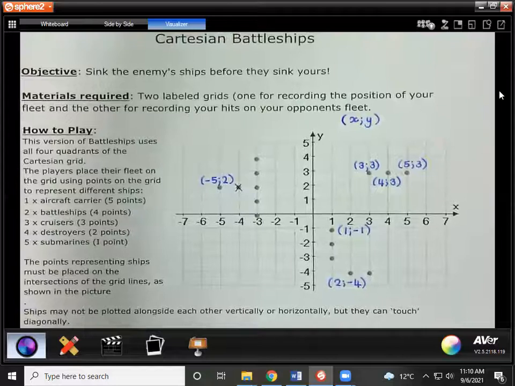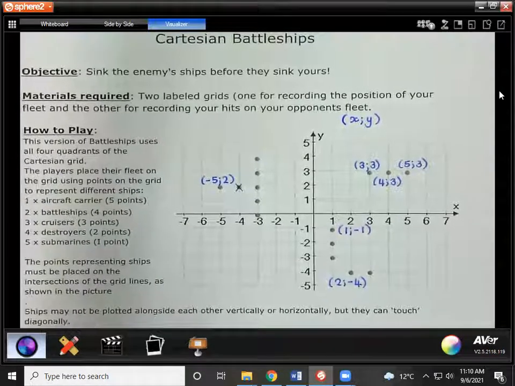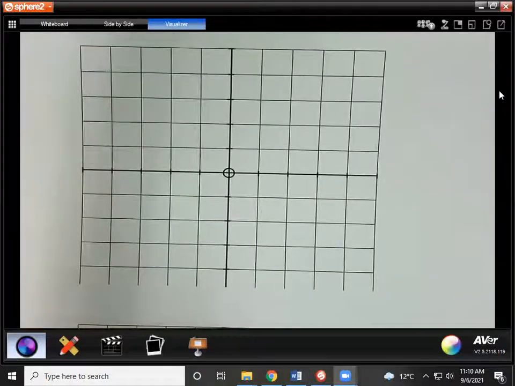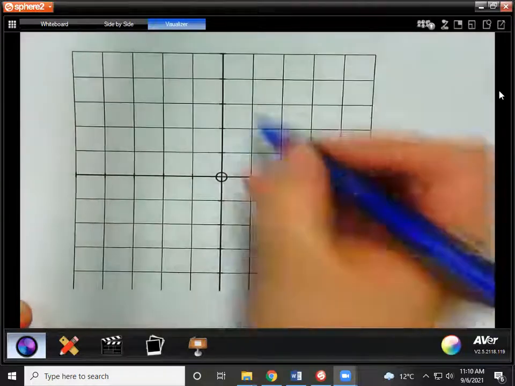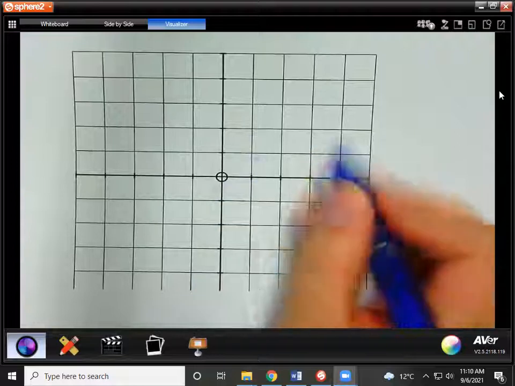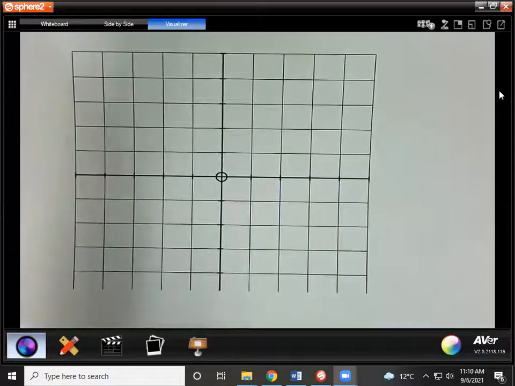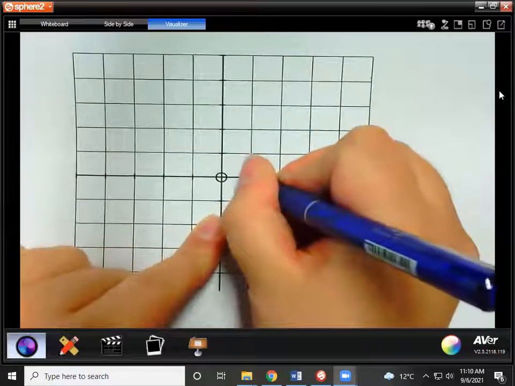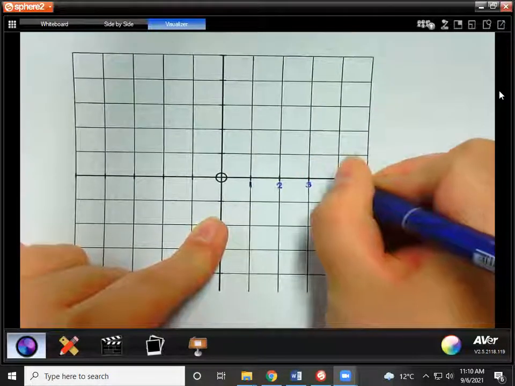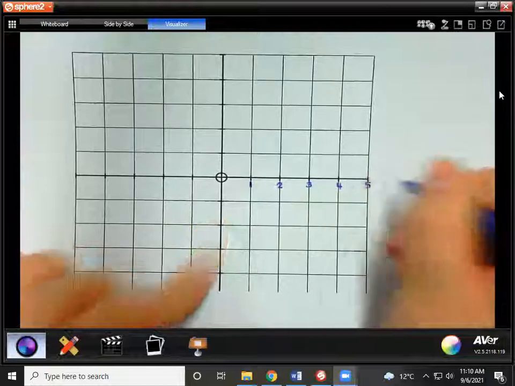I have chosen my ships on my own grid, but there is a blank grid here. So you guys are going to call out coordinates, and I'm going to plot them on here. And if it's a hit, I'm going to tell you which one it hit, and I'm going to do a cross on it. Let me just quickly fill in these values. This is 1, that is 2, that is 3, 4, and 5.